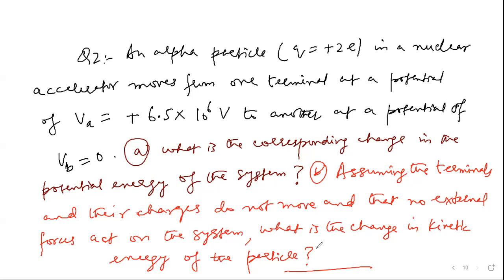Part A, what is the corresponding change in the potential energy of the system? Part B, assuming the terminals and their charges do not move and that no external forces act on the system, what is the change in kinetic energy of the particle?